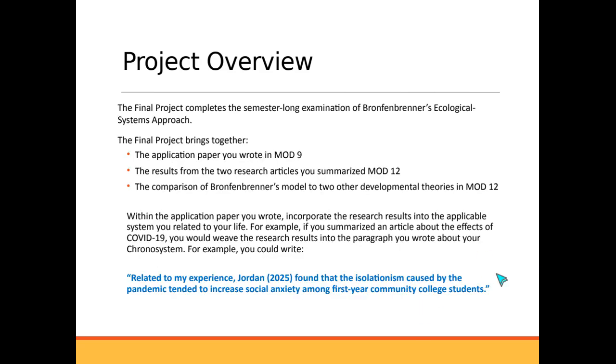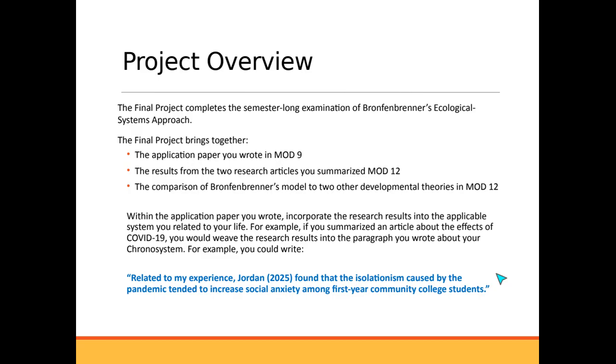So another part of the project overview is that if you think about the big picture of what we've done all semester, I first introduced Bronfenbrenner's ecological systems approach to you in the very first chapter when you had to read about different developmental theories. You went into a little bit of depth to apply a couple ideas from your own life to Bronfenbrenner in one of our first discussion boards.